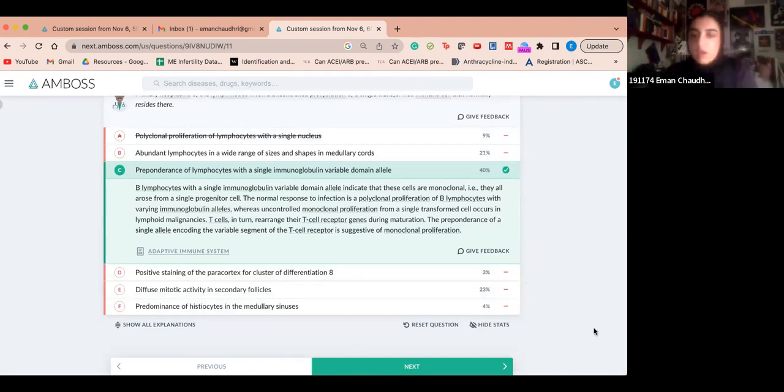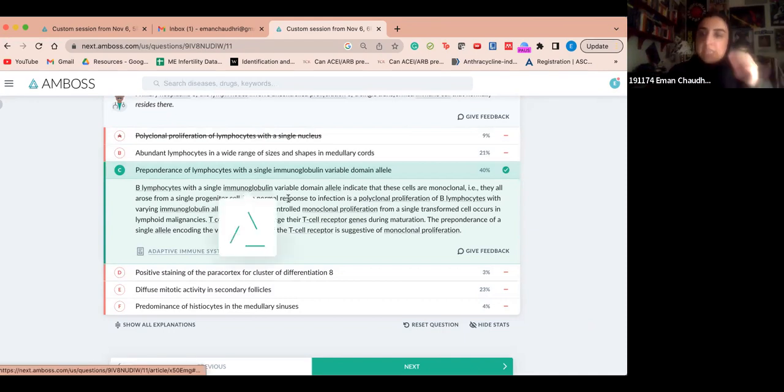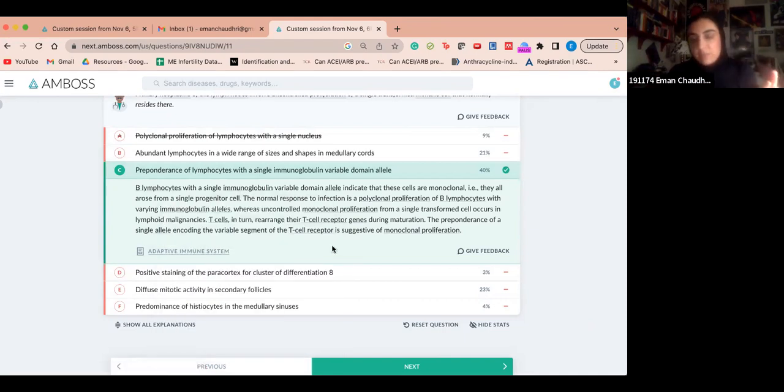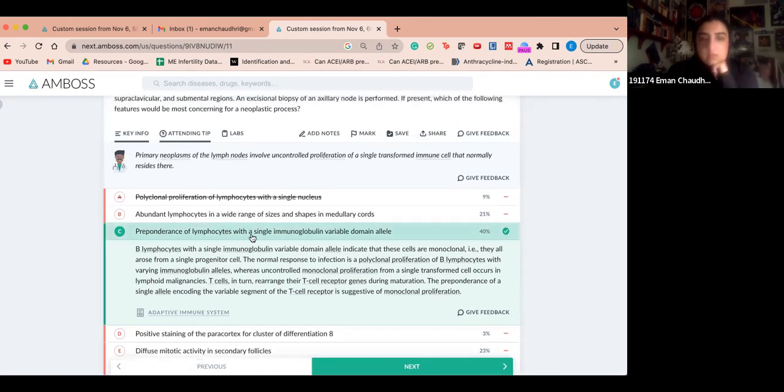Lymphocytes are always dividing, making different antibodies. You do have positive staining of the paracortex for cluster of differentiation 8. You do have diffuse mitotic activity in secondary follicles. So this is the one thing you want to look out for to say, yes, this is most likely showing a malignant or neoplastic picture: lymphocytes with a single immunoglobulin variable domain allele.